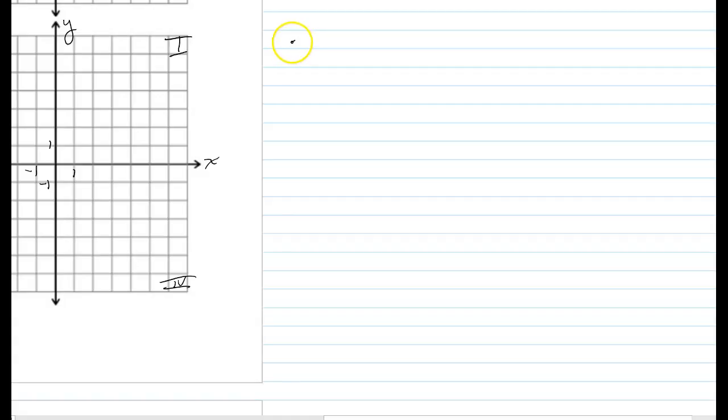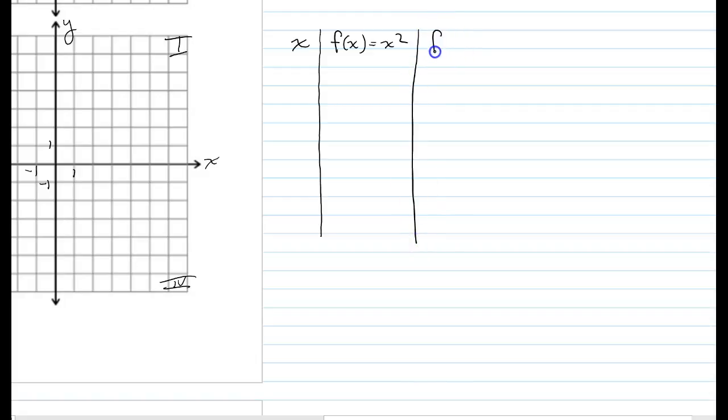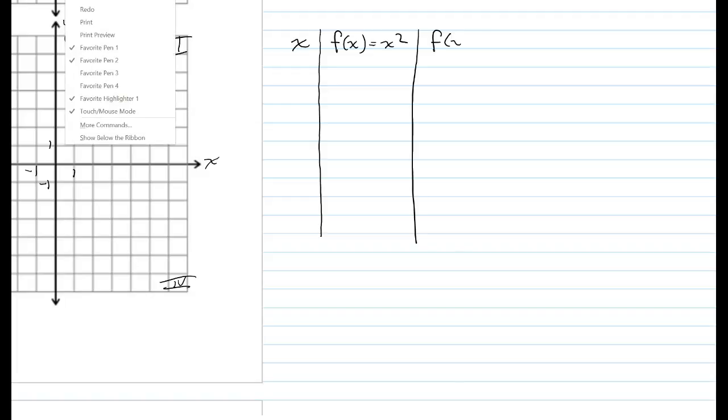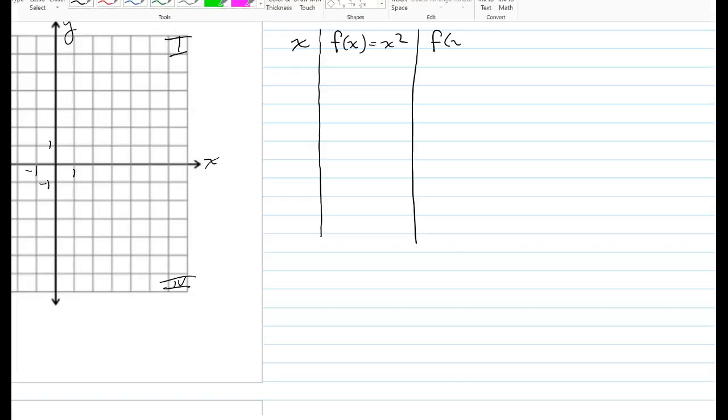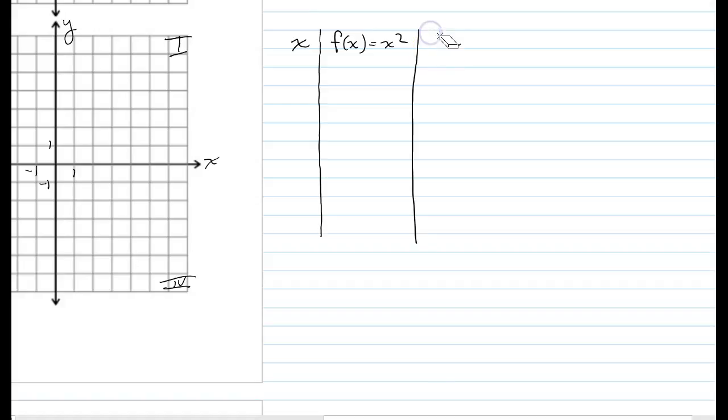So we've got our x values, and I'm going to choose them very specifically. Then we've got our parent function. So we've got f of x equals x squared. Sorry, let me erase that. Not f again, it's a different function. We introduce all of these separately.